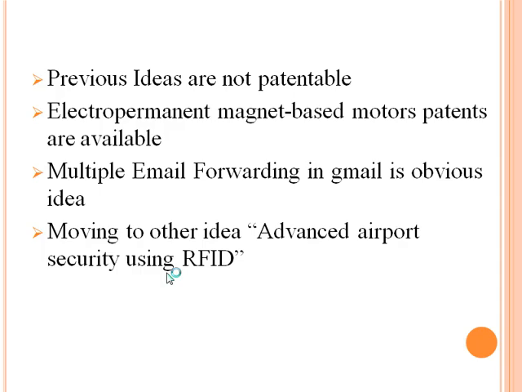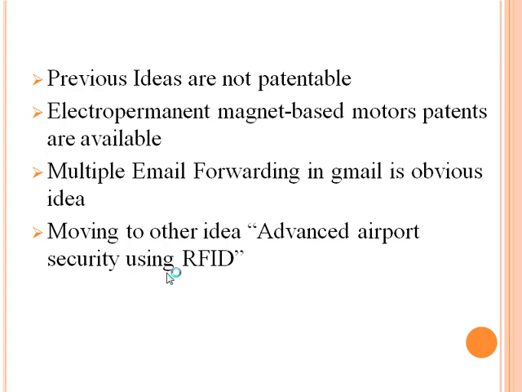When I talked with Professor Reinmunden about multiple email forwarding, he said it's an obvious thing. If Google wants to do that, they can do it. So I thought it's not a better idea, and that's why I'm moving to another idea.